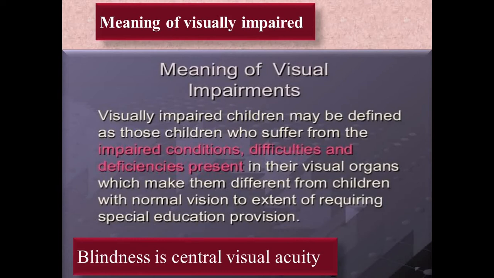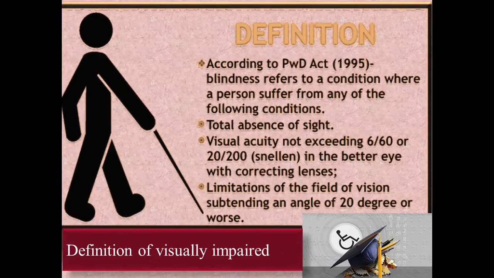As a result of such variance, we may find the use of a number of terms interchangeably to describe children with visual impairment, such as visually impaired, visually disabled, visually handicapped, partially sighted, having low vision, legally blind and totally blind, etc. So this is all about the meaning of visually impaired.